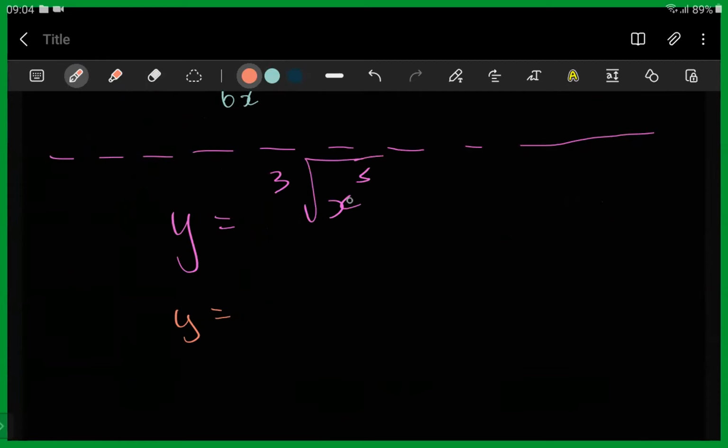The 3 can be written under the 5 like that. Now when you then differentiate this, you can then say the 5 over 3 times the 1 in front here gives you 5 over 3, and then 5 over 3 minus 1 will give you 2 over 3, and this will be your final answer.